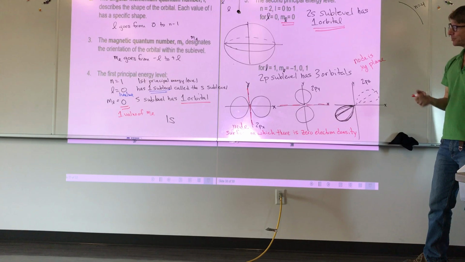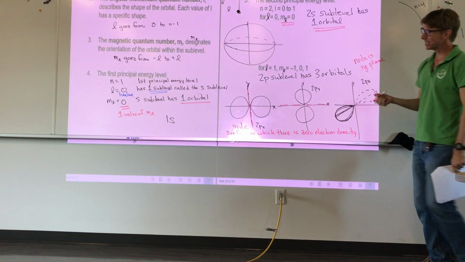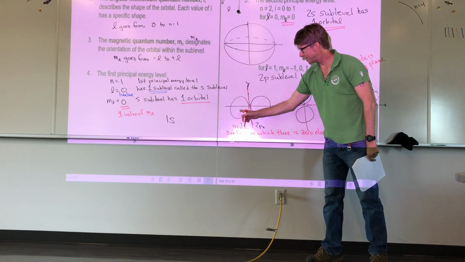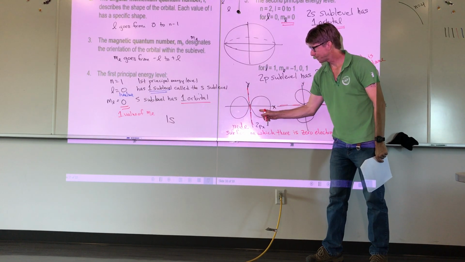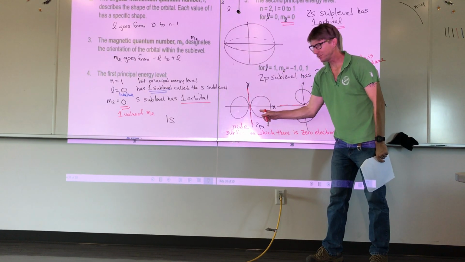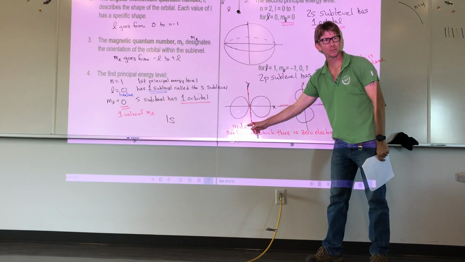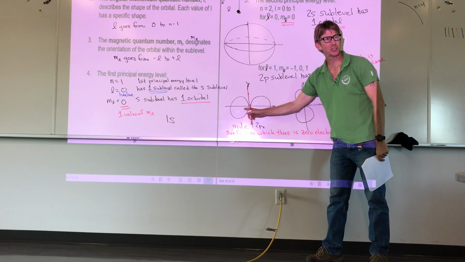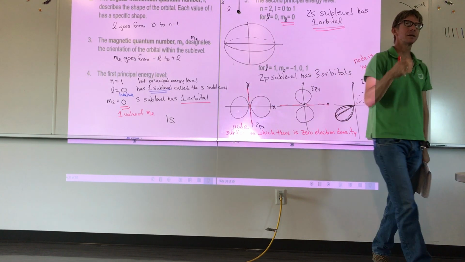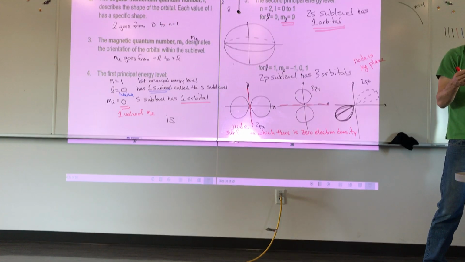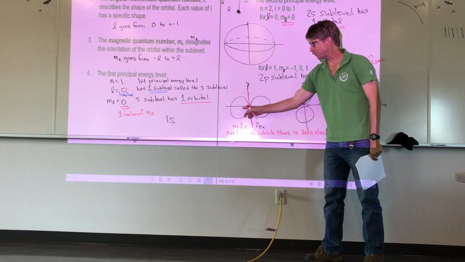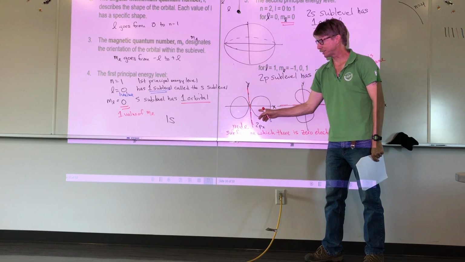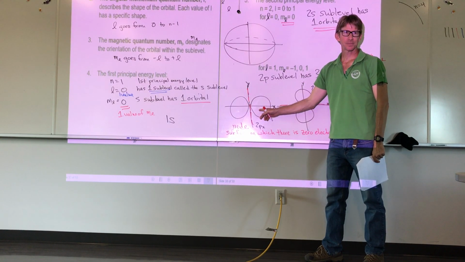I think for me the interesting thing is that the electron in the 2px orbital can be here, it can be here, but it cannot be in between. And that's because these shapes are going to turn out to be probability fields. And we will say that there is a 90% probability that the electron is in these spaces.